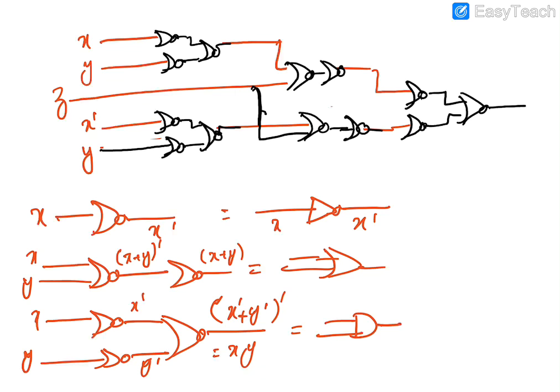Now we will eliminate the NOR gates which are on the same line, like these. You can see these are on the same line, this one also on the same line, so we can simply remove them.